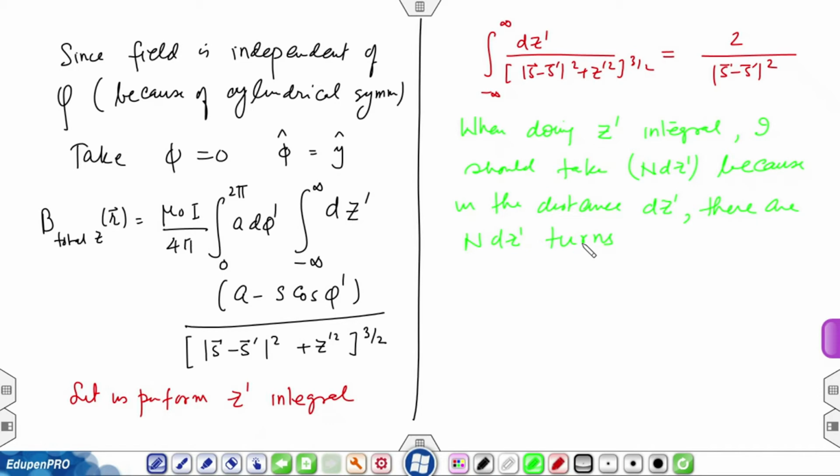So, that factor of n I will take into account. So, I should put it right here. Let me put an n here also on the left hand side of the screen. I put it in green here.